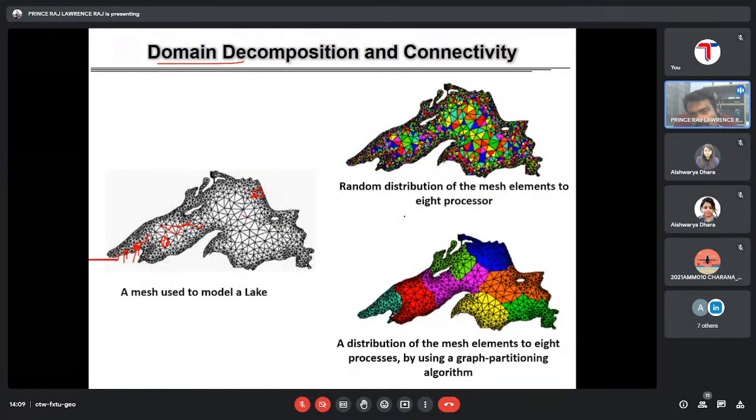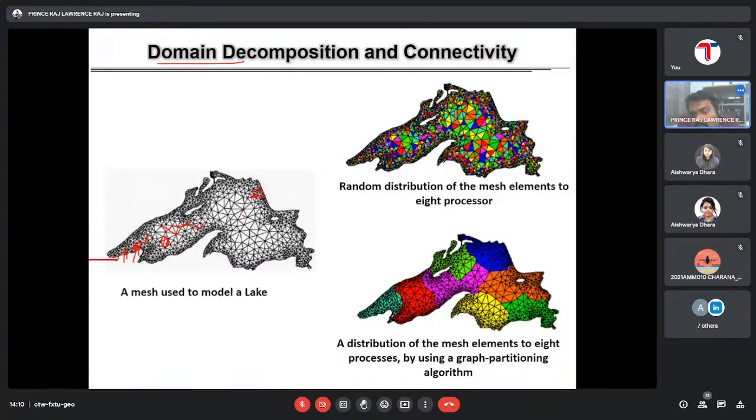In order to calculate the flux, for example, these colors mean the processors. This green color cell is, for example, processor number 2, and this other green color cell is also solved by processor number 2. But if you think very carefully, they are not very close, right? Which means it needs a communication protocol, which is very heavy and hard to make.